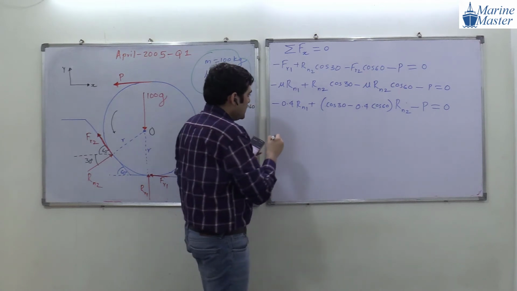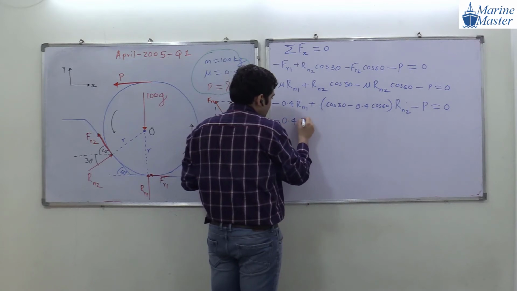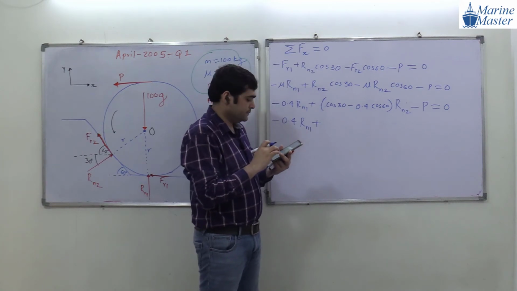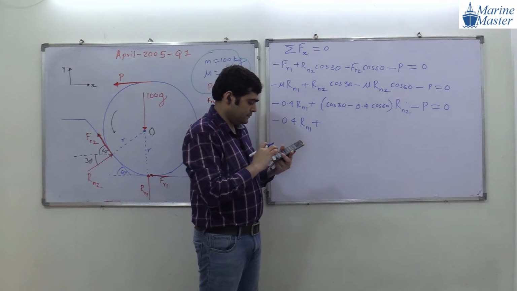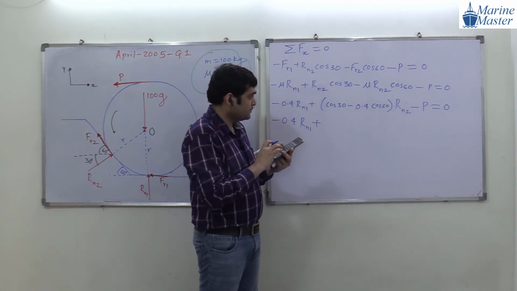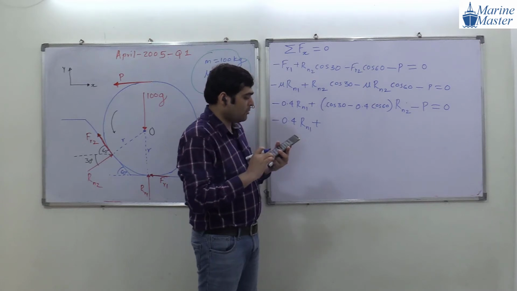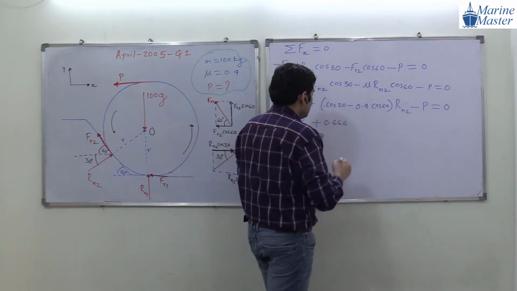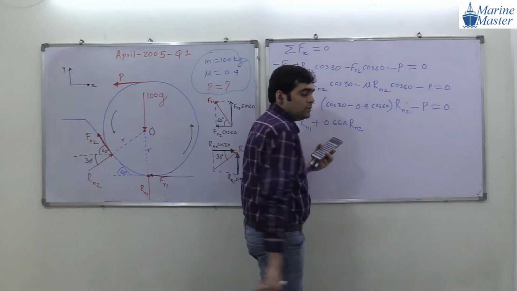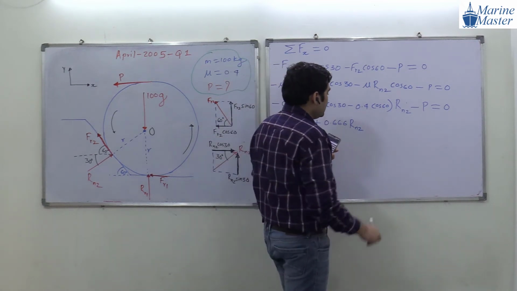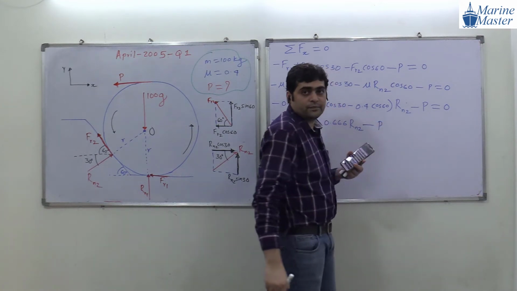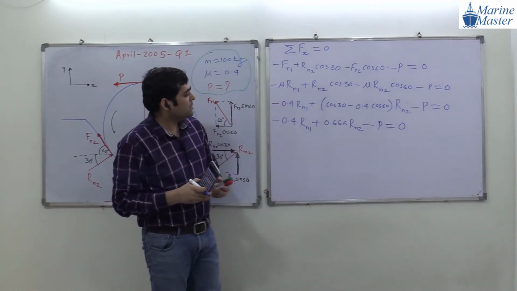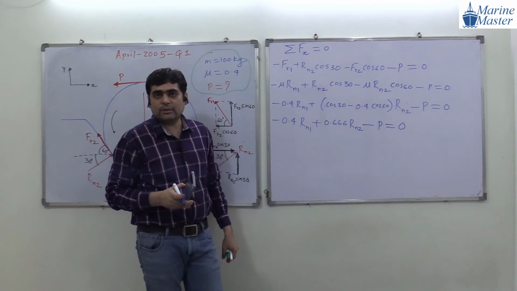So minus 0.4 Rn1 plus 0.666 Rn2, and then minus P equal to 0. Is there anything more here?